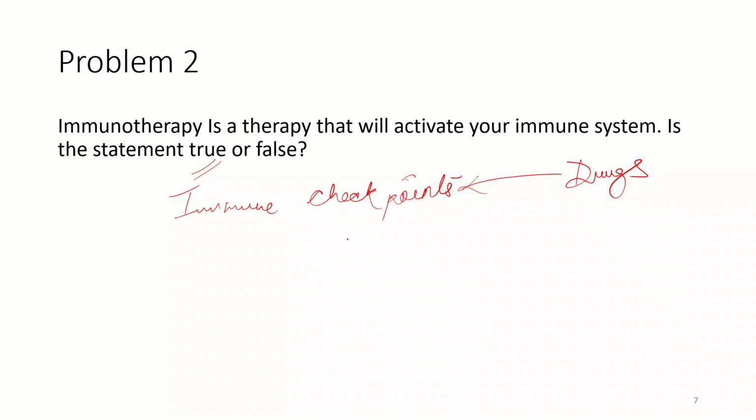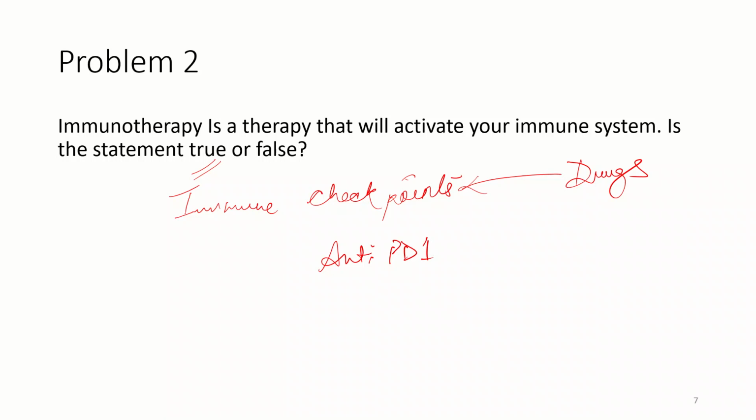You have the one that has been discussed in the videos, anti-PD1, that blocks the checkpoint on the T cell, and that's why the T cell activates, and you have more CD8 or killer T cells in your body.